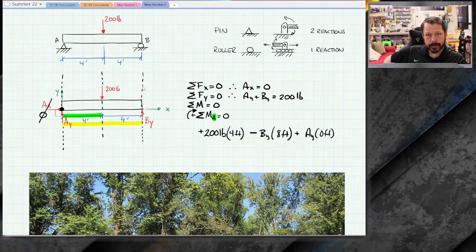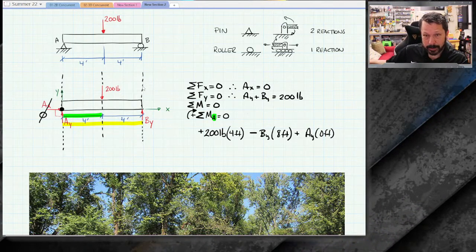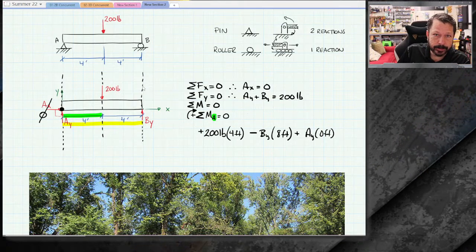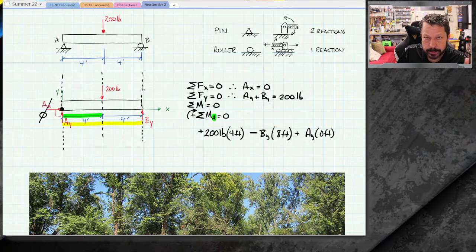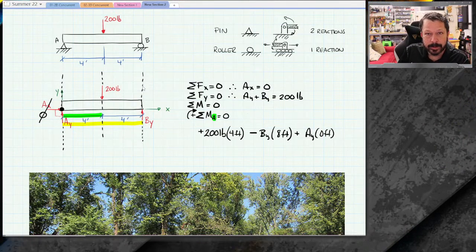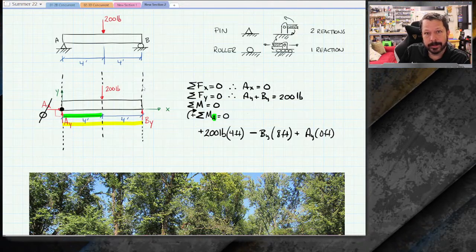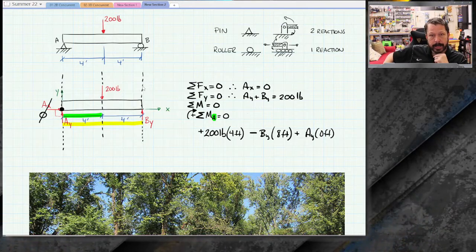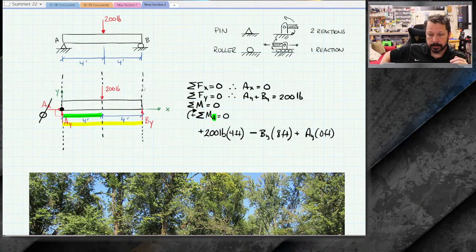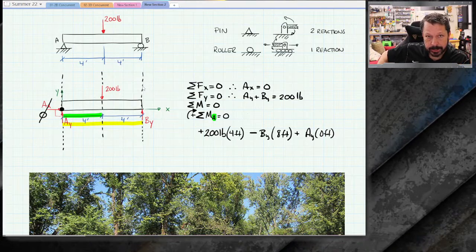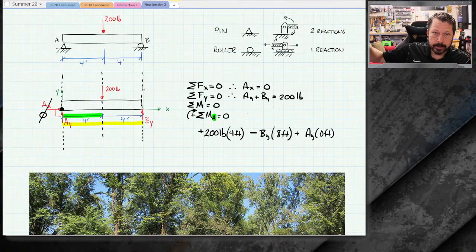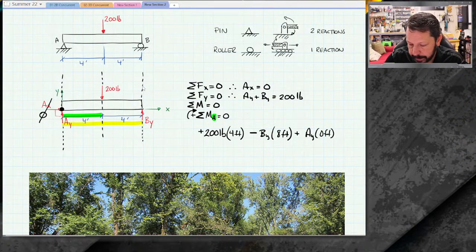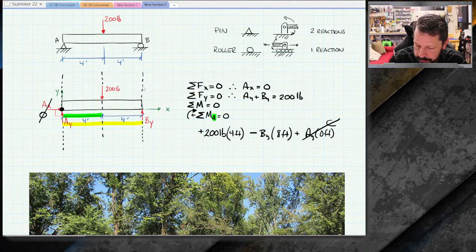That's kind of like you walk up to the door, and instead of pushing on the doorknob to open the door, you push on the hinges, and it doesn't swing open or closed, or doesn't do anything, because you're pushing on the part where you're trying to rotate it about. So you can create a 0 moment by having the force's line of action pass through the point where you're trying to calculate that moment. So that whole term is 0.